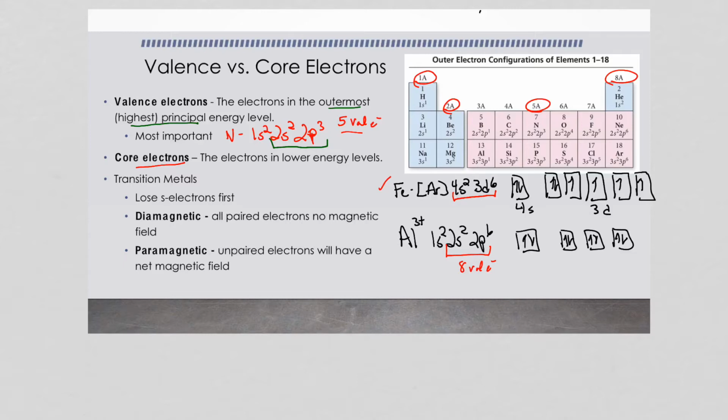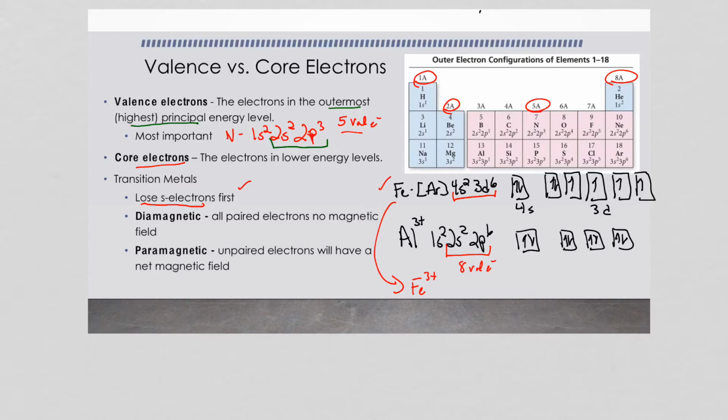Now, we've already talked a little bit about transition metals, and I mentioned in the last section that when these lose electrons, they always lose the s electrons first. Then they lose the d. So if we did, on the last slide, if I were to make Fe3+, for example, the first two electrons I'm going to lose are the s.